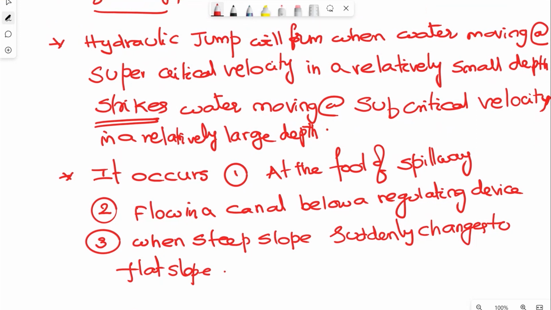So these are the conditions under which the hydraulic jump forms.